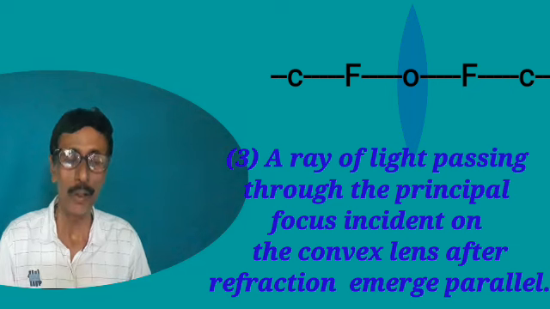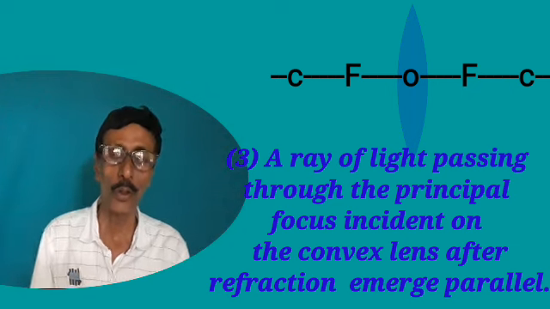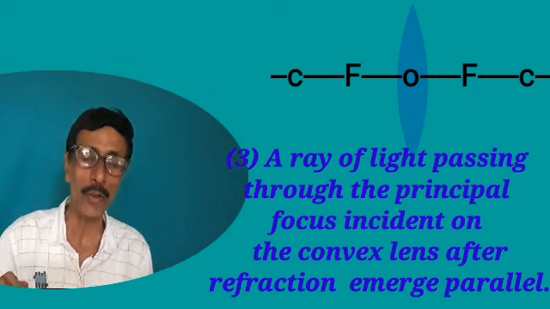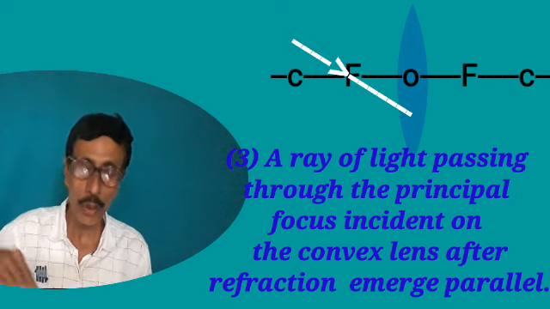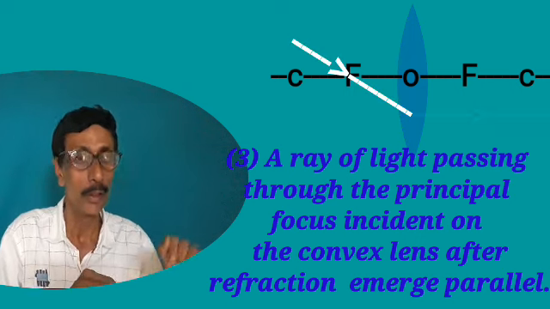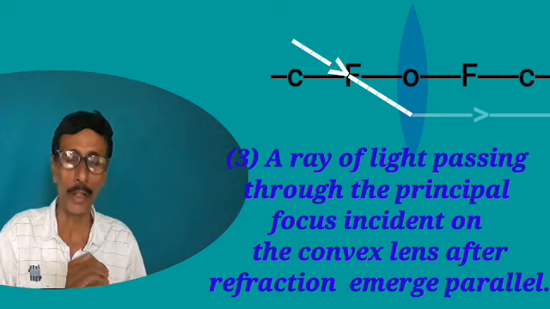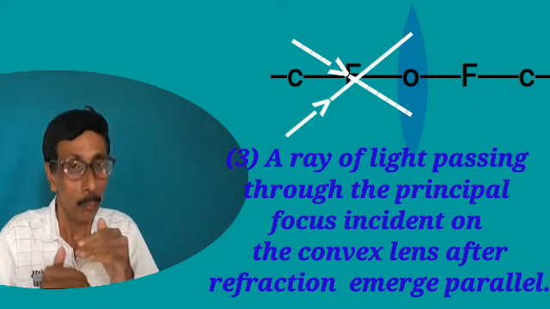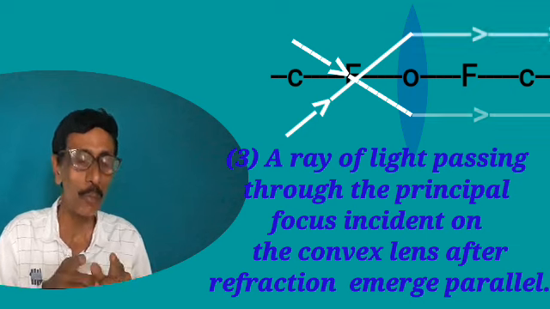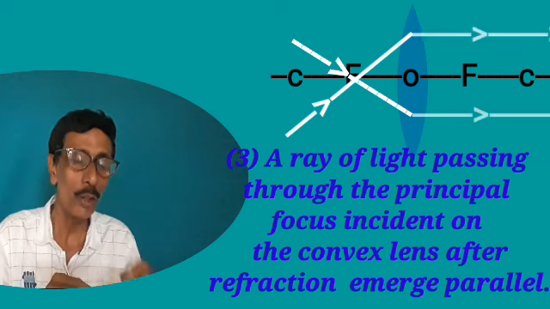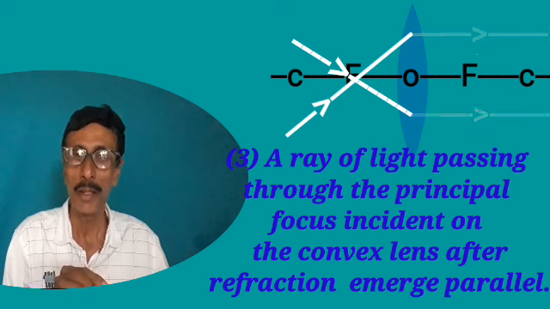A ray of light passing through the principal focus and incident on the convex lens emerges parallel after refraction. Mind it, this ray is passing through the focus point and after refraction it goes parallel to the principal axis.